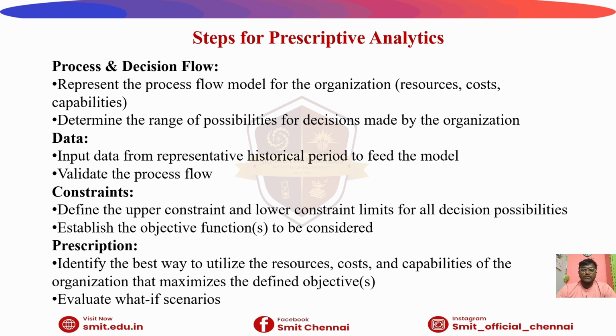Third, constraints: define upper and lower constraint limits for all decision possibilities, and establish the objective function to be considered. Then finally, prescription. It identifies the best way to utilize resources, cost, and capabilities to maximize defined objectives. Evaluate what-if scenarios. This structured approach ensures rigorous decision making.